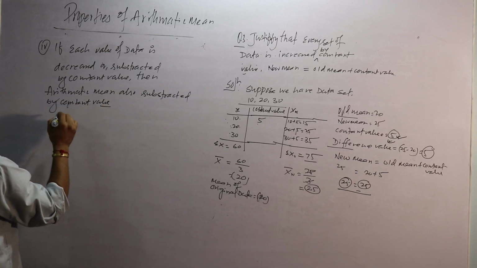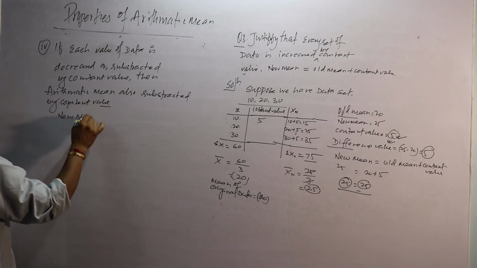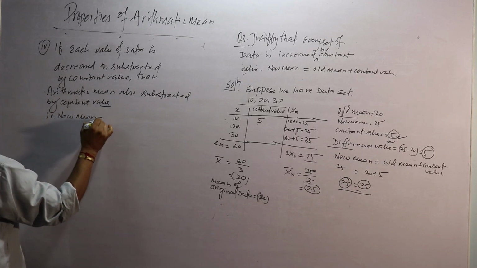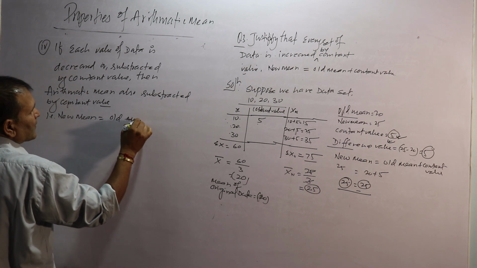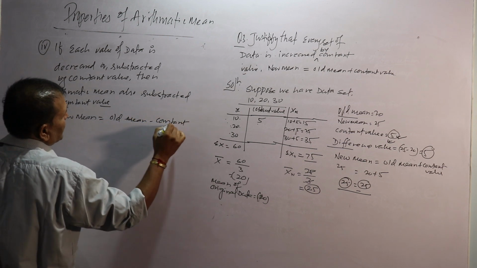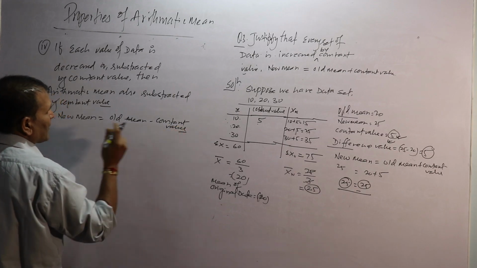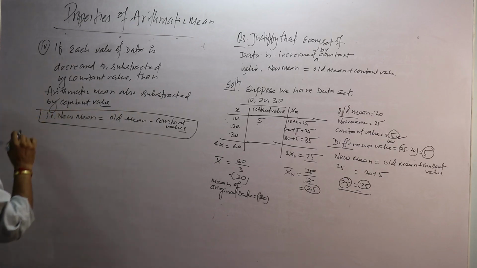So what is the meaning of that? It means that new mean is always equal to old mean minus constant value. So this is our conclusion. But you can justify this statement also.